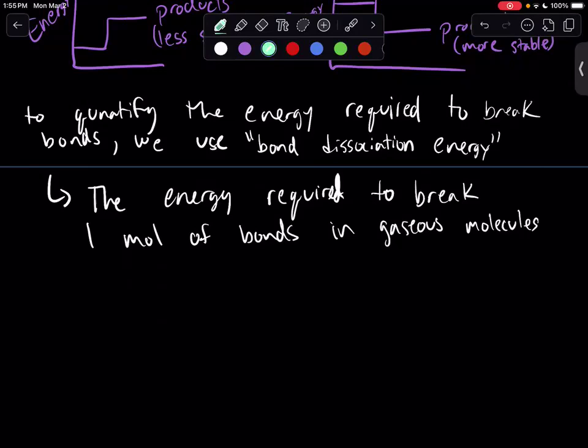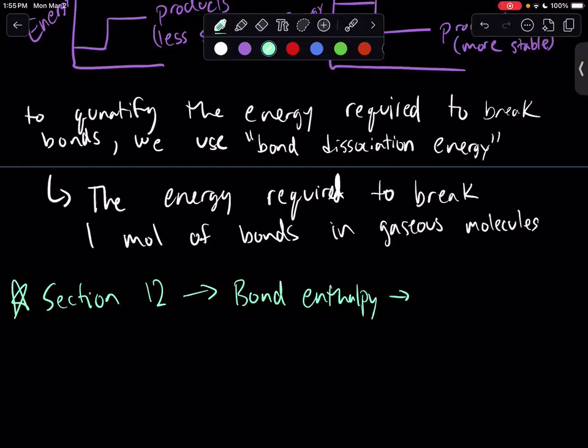The big thing that we do have to realize is that all those values, and I'm just going to write here, section 12, all these bond enthalpy values, are average values.